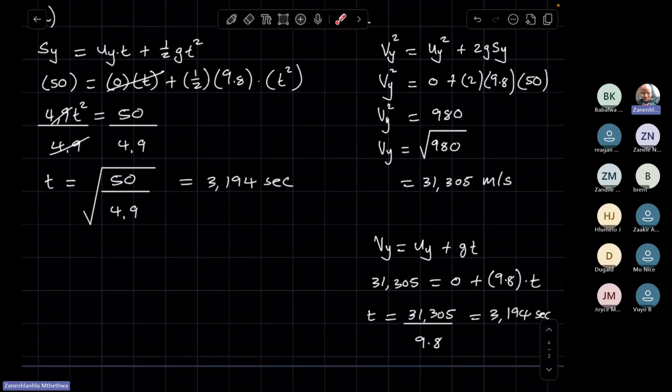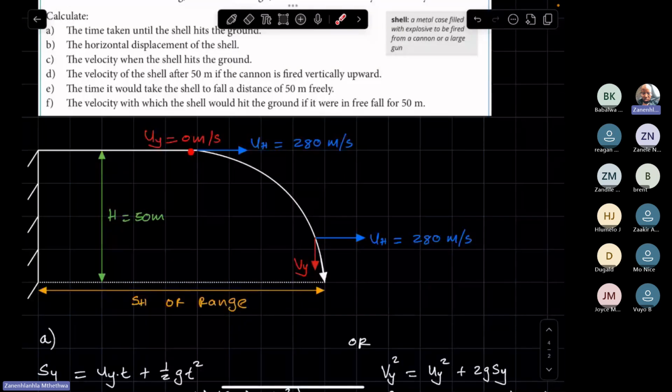So taking the very same approach means that the projectile or the object will take the same amount of time when it is projected, and it will take the same amount of time when it is just free falling. Because either way, when it is projected horizontally, along the vertical plane only g has an influence, and there is no acceleration along the horizontal plane.